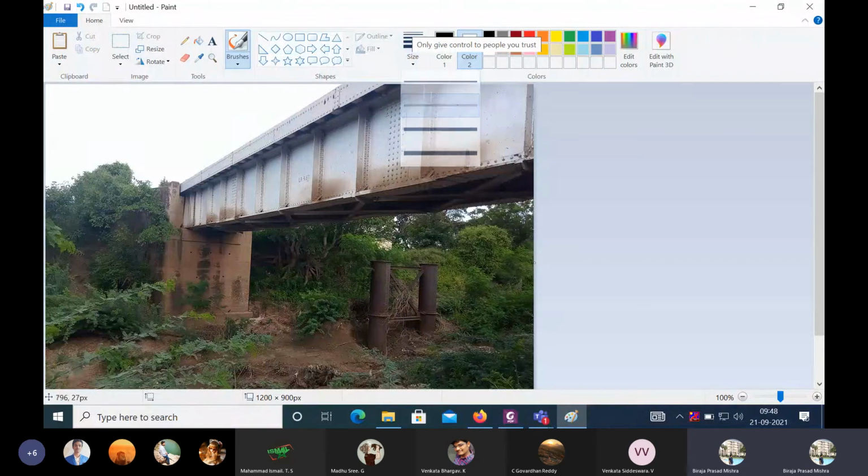This one is a plate, and on the opposite side we have another plate. Let us say this is the left side, and on the right side as well we have a plate girder. You can see how the left side one and the right side one are connected with these cross bracings.